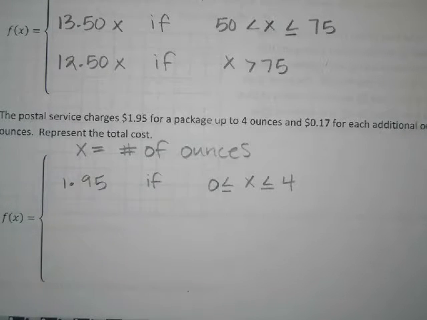Okay. Now for the next piece, do we not pay that $1.95? We still pay it. And then what do we do? We pay more. Okay, see if you can write the next part. So we still pay that $1.95, we just pay extra if we're above 4 ounces.